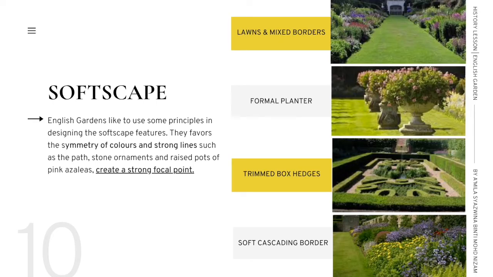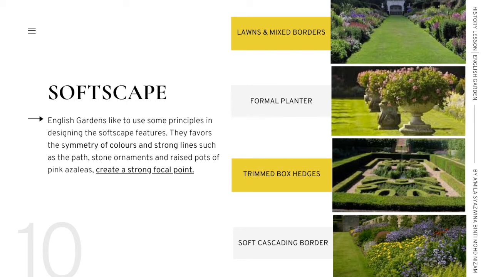The third characteristic is softscape. For the softscape, English garden designers usually use some principles, like favoring a symmetry of colors and strong lines, such as the path, stone ornaments, and raised spots of pink azaleas, so that it creates a strong focal point in the garden.